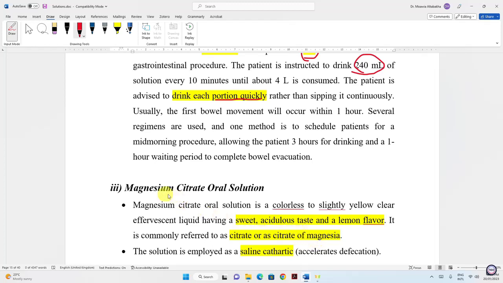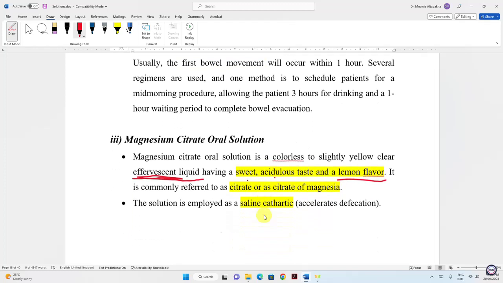This solution is usually clear, but it can also be a slightly yellow liquid, and it's provided as an effervescent liquid. It has a sweet, acid taste with lemon flavor. It's a nice taste, acidulous, like sour, with sweetness.